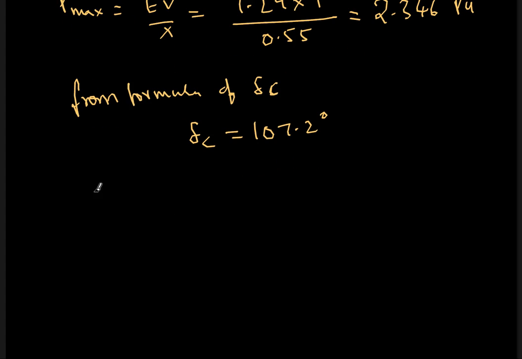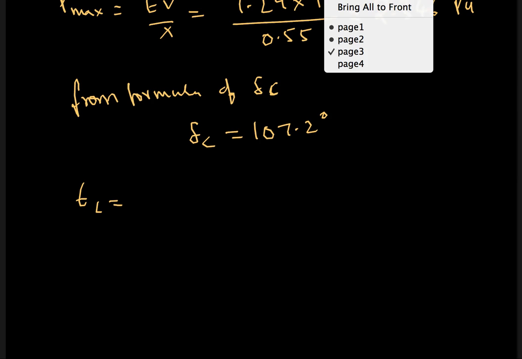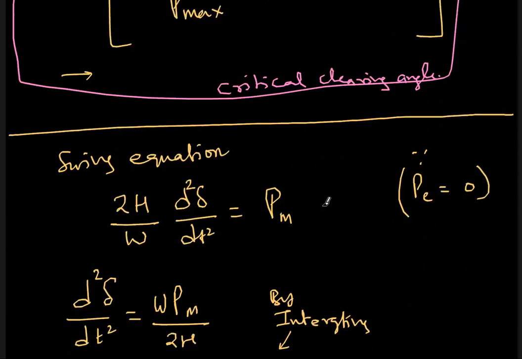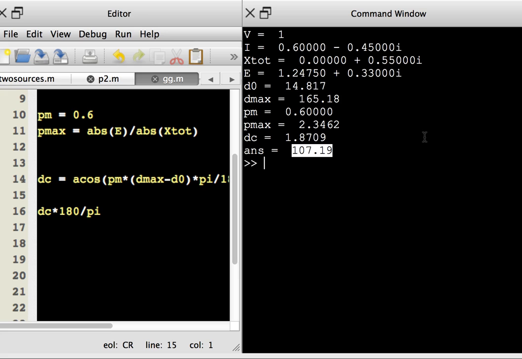Now what is the critical clearing time TC? We derived a formula for critical clearing time in the previous lecture. This is the one: TC is the square root of 4H into delta C minus delta naught, divided by omega PM.